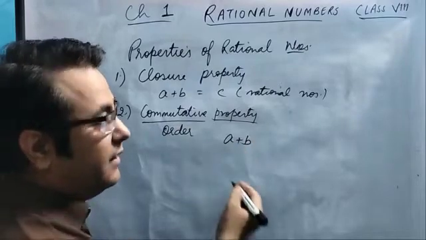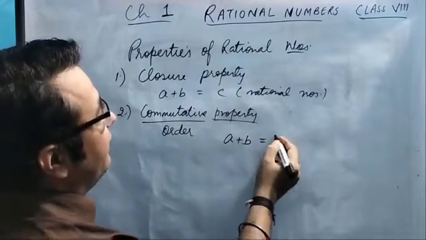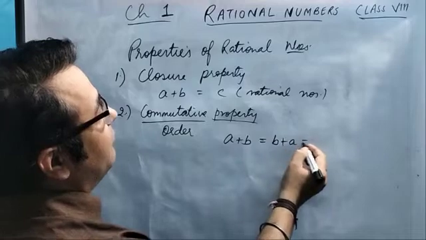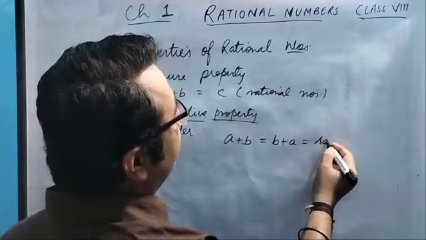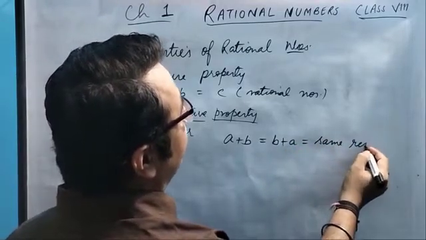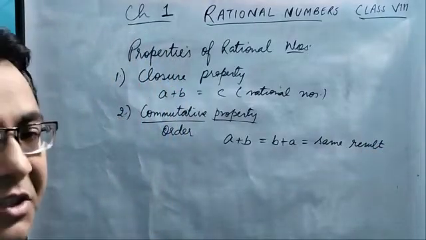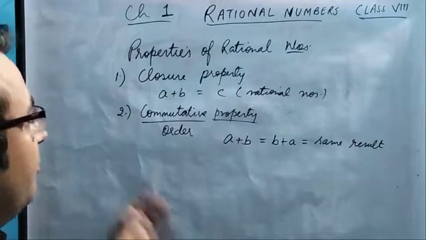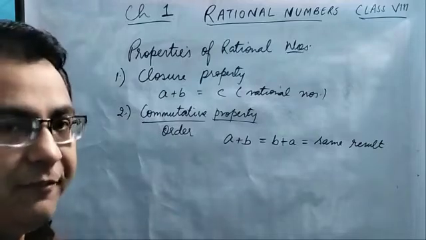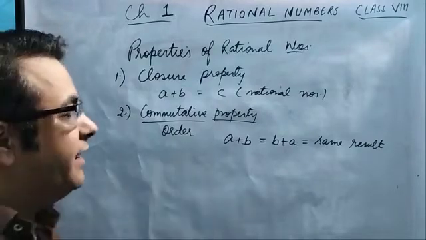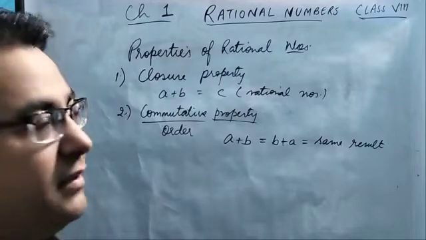First way is a plus b, and second way is b plus a. In both the cases, we will get the same result. So it means that addition of rational numbers satisfies the commutative property. We add in any way, we will get the same result.